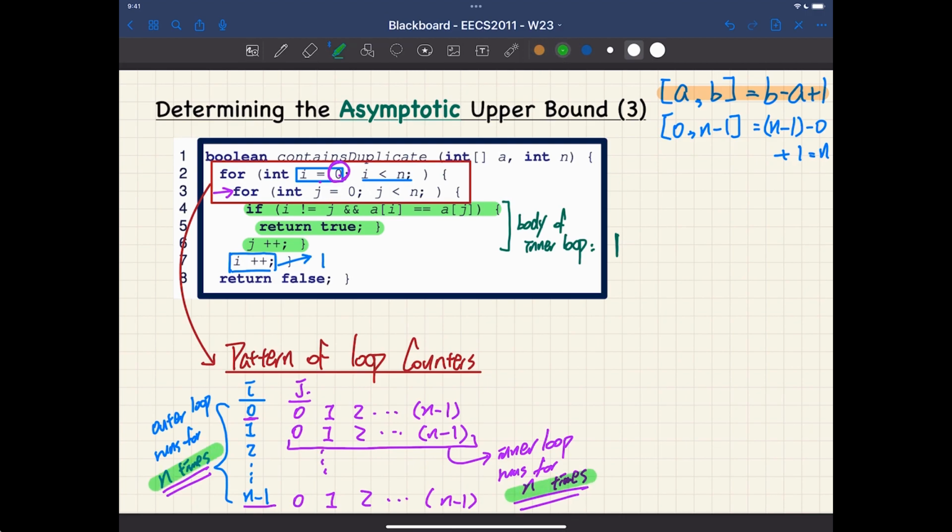Let me finish this and I'll take a question. What we want to say is, for every single iteration of j, we're going to execute this body once. Once, 2, 3, 4, all the way to n minus 1 when i is equal to 0. 1, 2, 3, another n times when i is equal to 1. How many times are we going to execute the body over here?